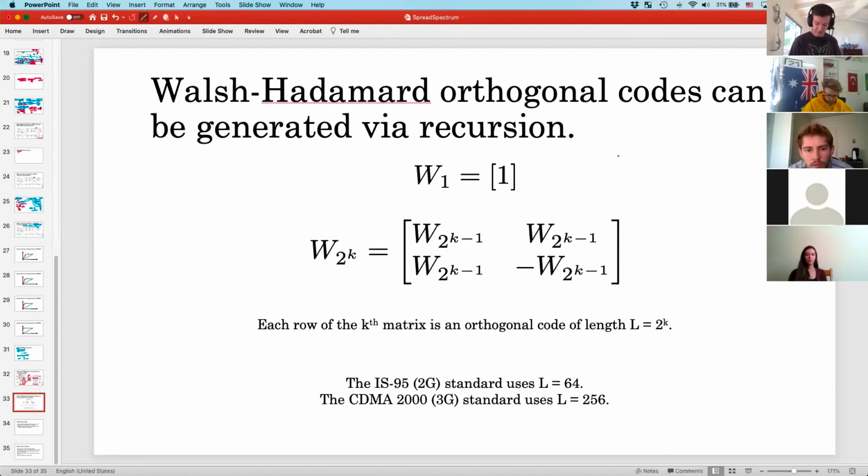So for example, W sub 2 would be 1, 1, 1, minus 1, and W sub 4 would be W sub 2, W sub 2, and then the negative.